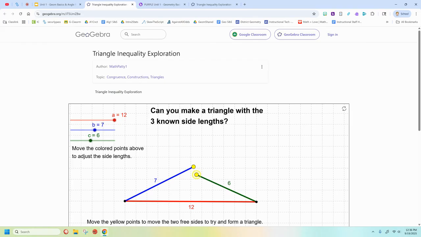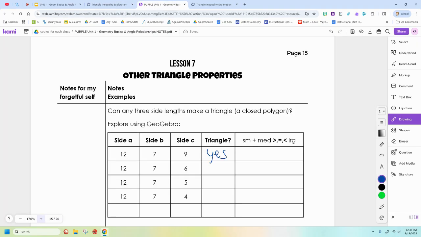They might need to lower both of them, right? Can you get them to connect? So you have to bring both points down, right? So we're getting an obtuse triangle. So did 12, 7, and 6 make a triangle? We say yes.